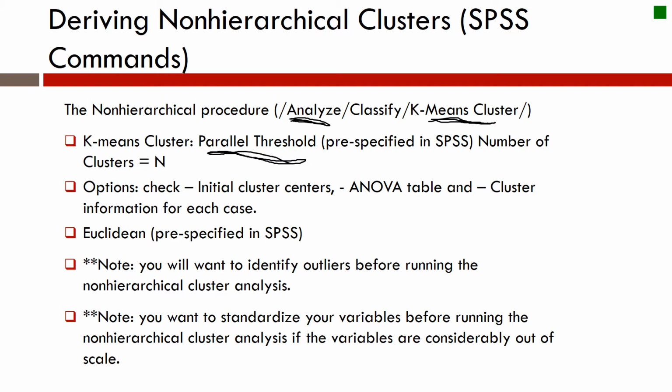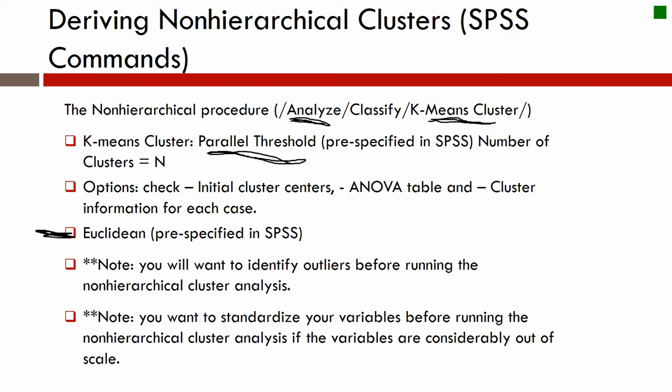There's also a sequential threshold and an optimizing procedure, but those are not what's specified initially. The other thing that you'll notice that's pre-specified and done automatically for you is that Euclidean distance is the distance measure that's used, as opposed to the others that may be available in non-hierarchical K-means.